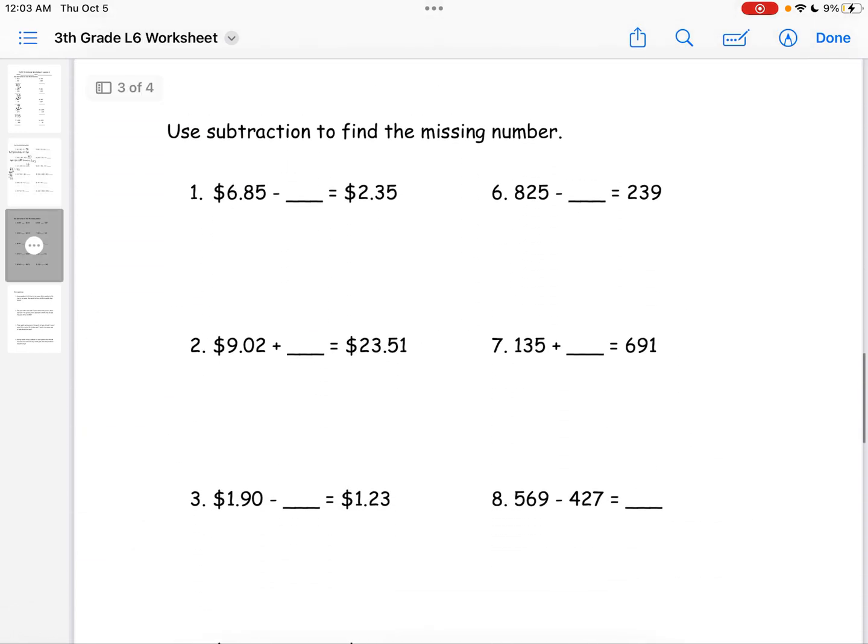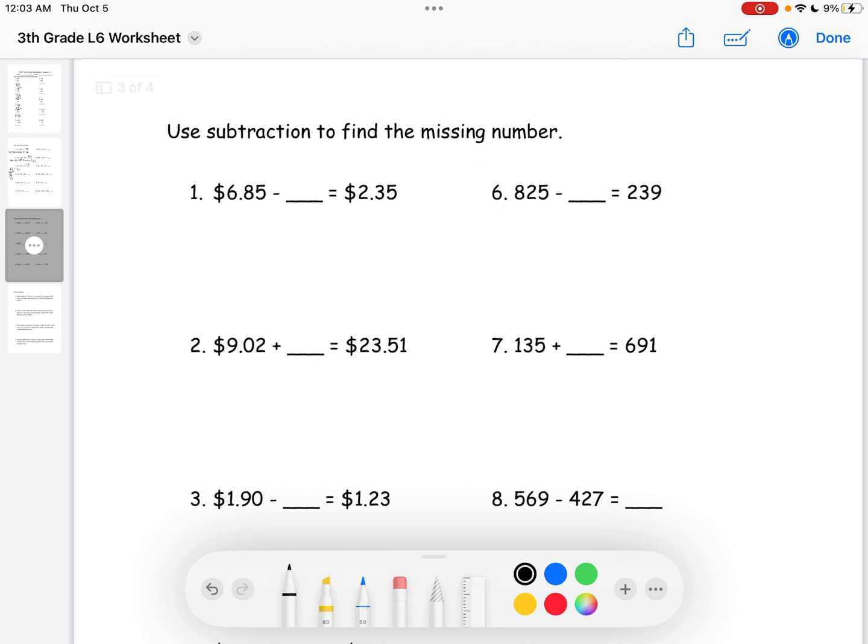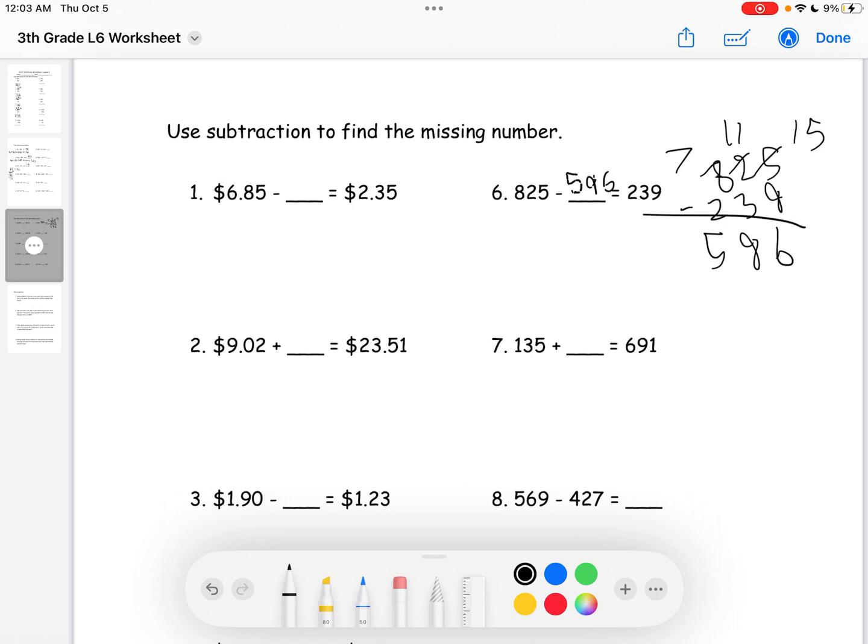We'll go on to the third page now, which says use subtraction to find the missing number. We'll start off with number 6, so we gotta do 825 minus 239, and this change to 7, this change to 11, this change to 15, 6, 9, 5. So the answer to question number 6 would be 596.